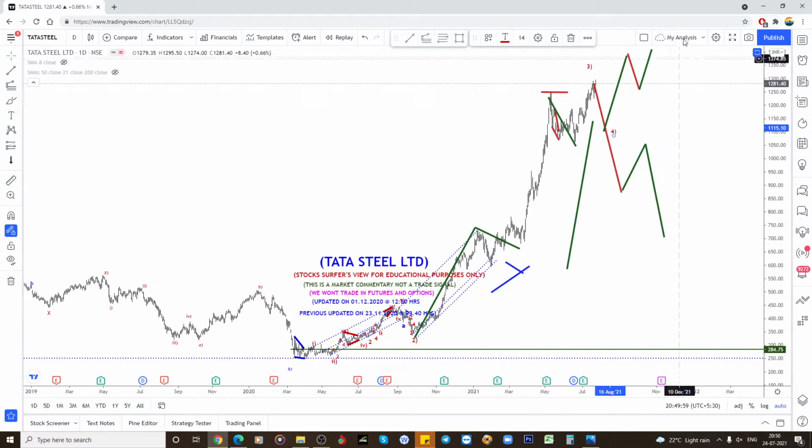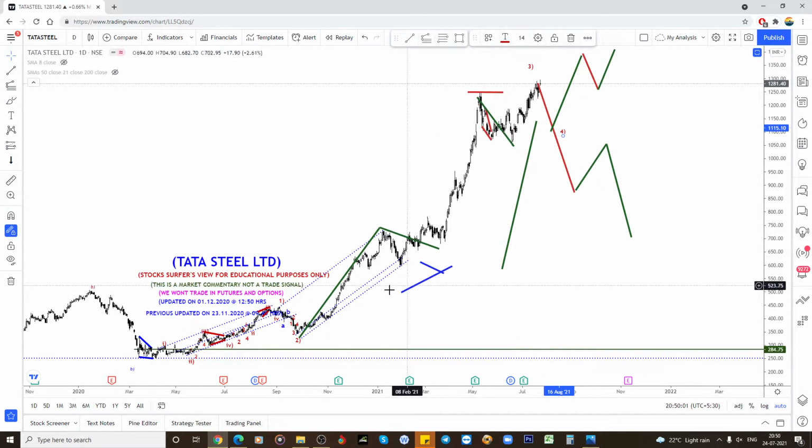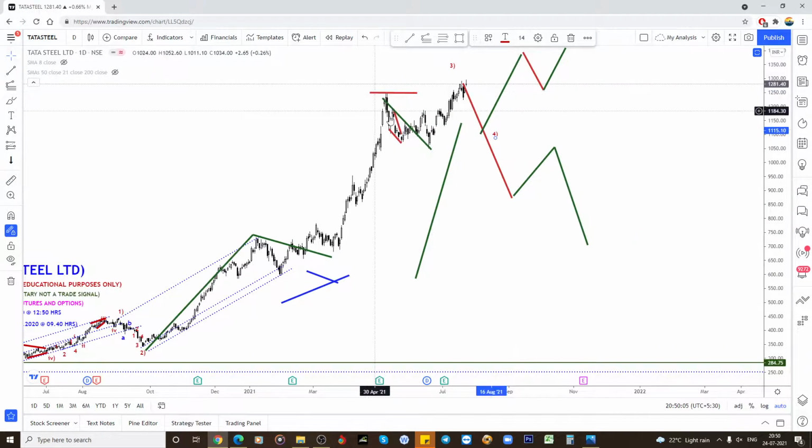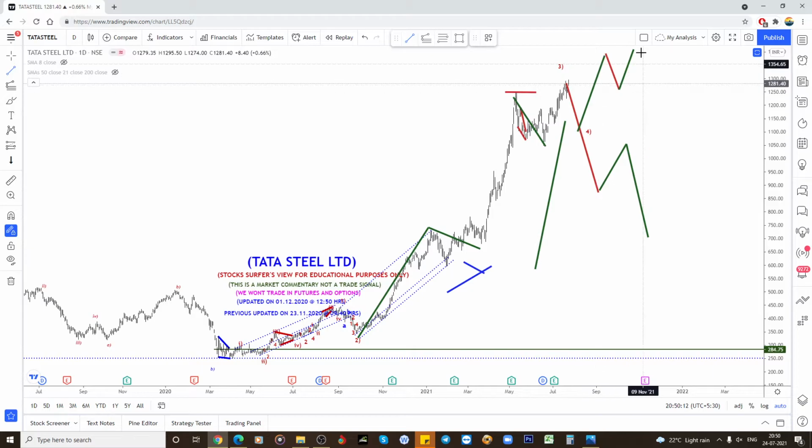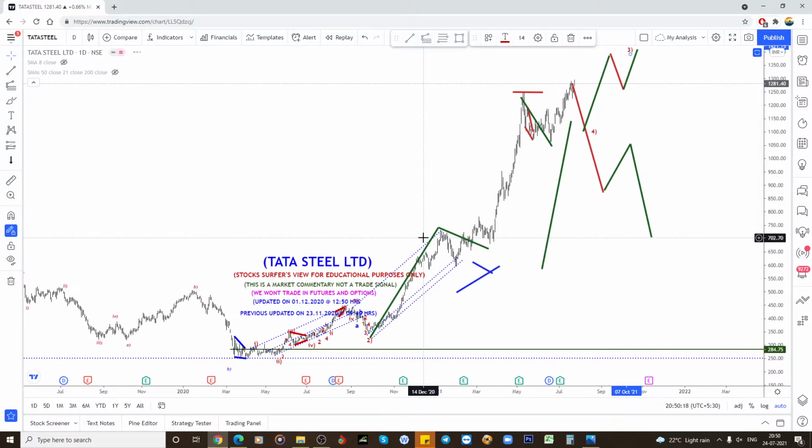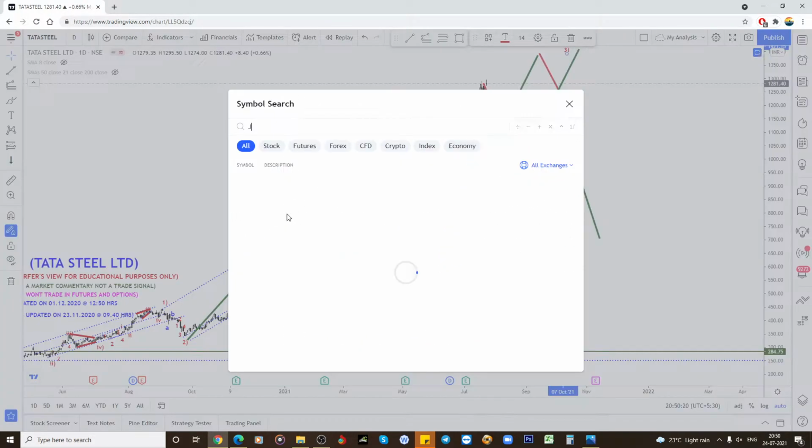Afterwards, it will be a 5-wave structure. So then 1, 2, 3, 4 and 5 we did here, right? Otherwise, if it gets extended 1, 2, 3, 4, 5, then this will become the third wave. So it will keep going bullish, then we will keep changing on that. So I will show you that, for example, the JSW Steel.